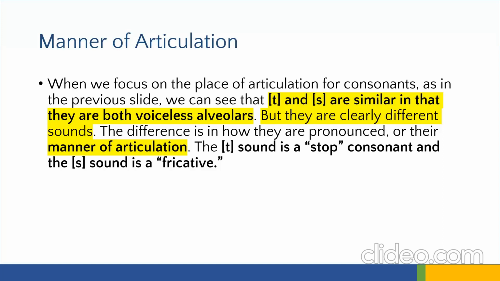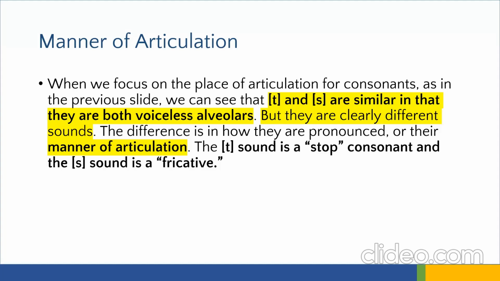Okay, now let us go to manner of articulation. It is about the way the consonant is pronounced. When we focus on the place of articulation for consonants, as in the previous slide, we can see that T and S are similar in that they are both voiceless alveolar, but they are different sounds.